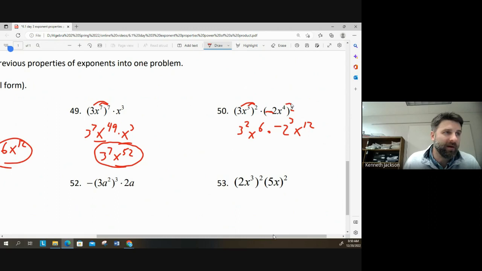Again, I'm multiplying my powers. 3 squared is 9. Negative 2 to the 3rd would be negative 8. That's negative 2 times negative 2 times negative 2. 9 times 8 would give us negative 72 x to the 14th.